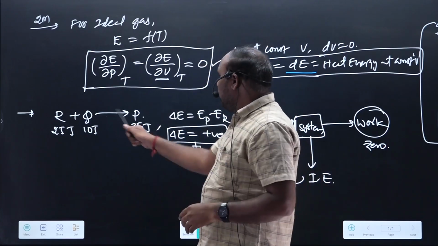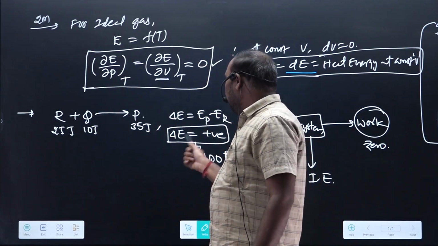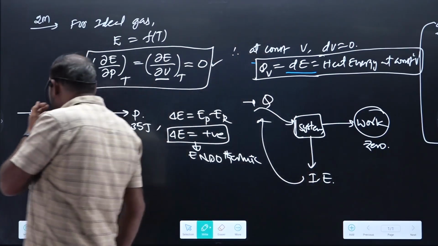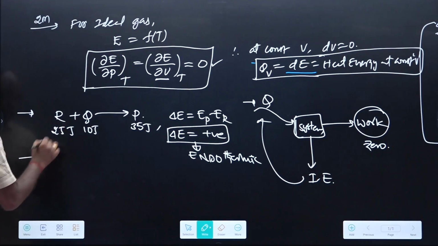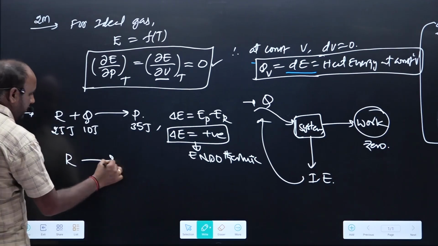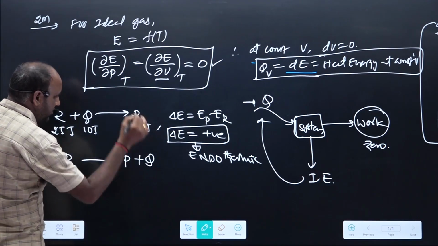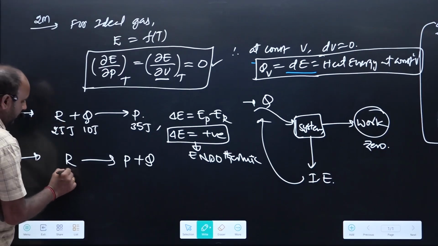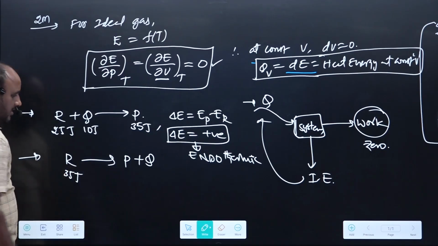Okay. So here delta E is positive means what about that reaction? Endothermic reaction, right? So in some reactions, the reactants are converted into products by liberation of heat energy. So therefore reactants energy will be 35 joules, right?